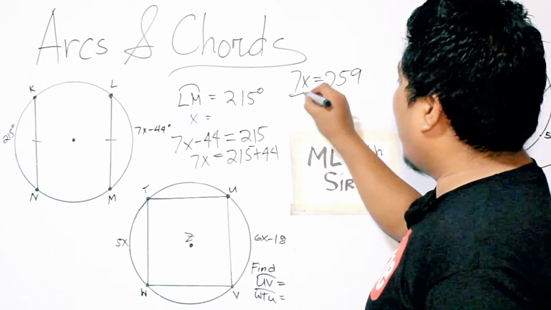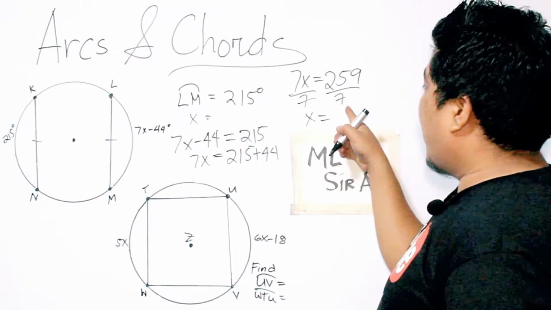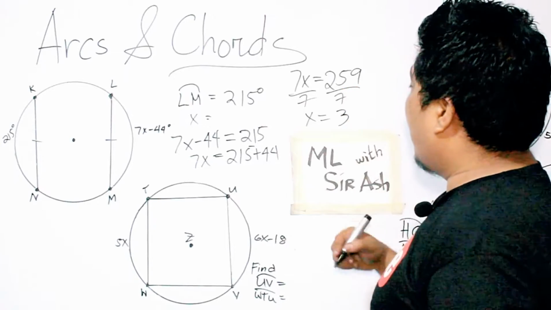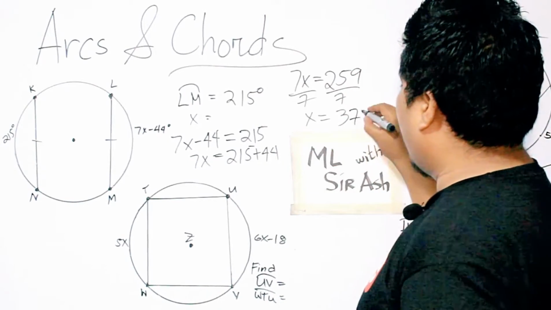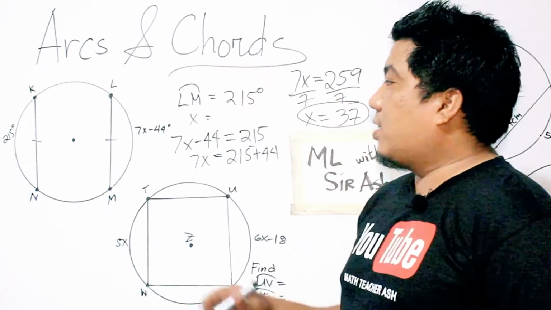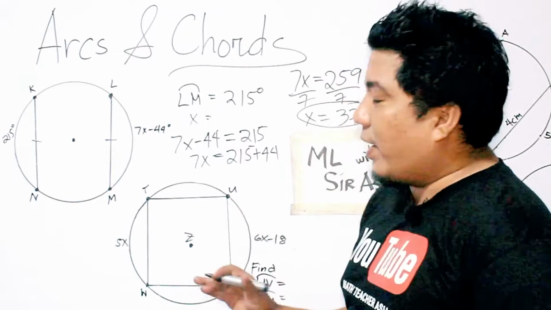Okay, and then you divide both sides by 7. So that gives you x. So 25 divided by 7, that is 3. You still have a remainder of 4, 49. And 49 divided by 7 is 7. Therefore, the value of x is 37.